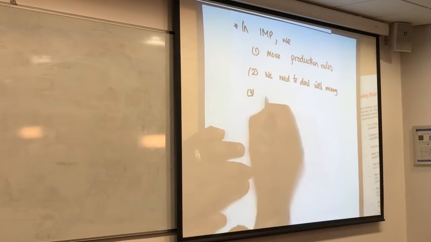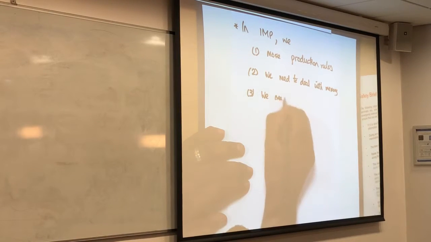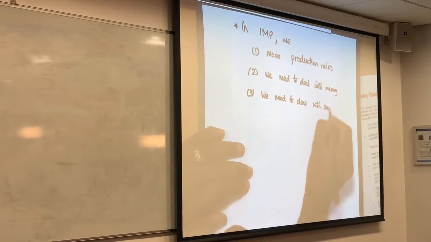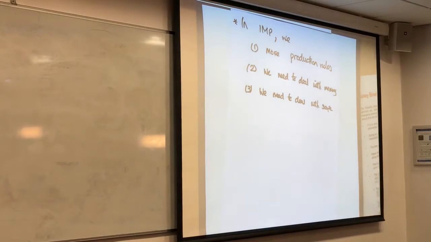And 3, I'll come to this later, we need to deal with scope. Okay, so those are the 3 sort of extensions to what we've just done that we need to tackle in order to deal with the language IMP.